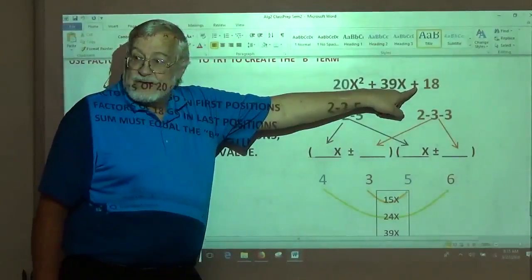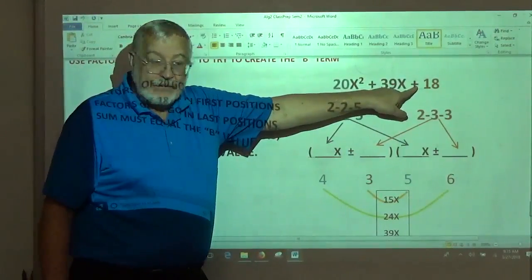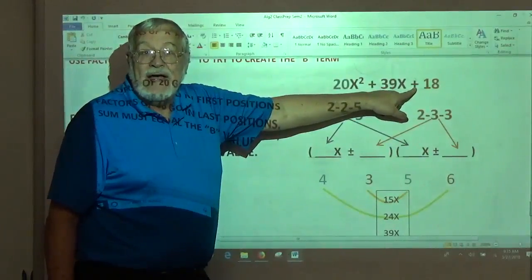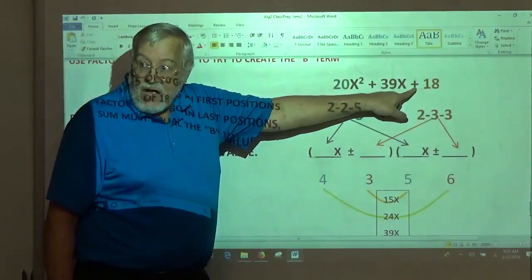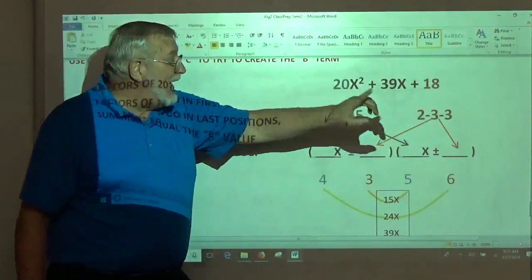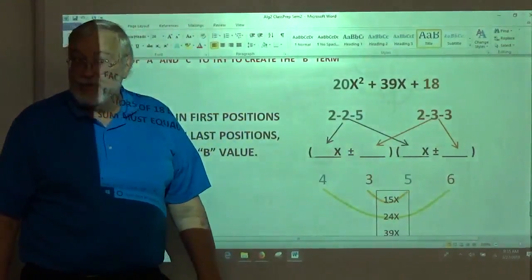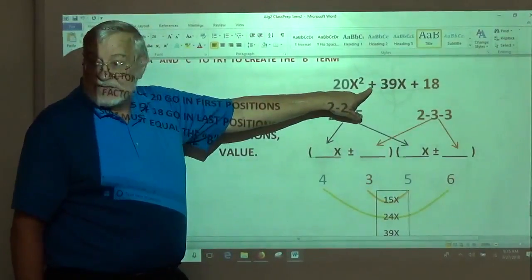Now, all right, what does the plus here mean? The plus here means that you are going to have the same sign numbers so that when you get the inside-outside, they're both the same sign. Right? This says they're both positive.